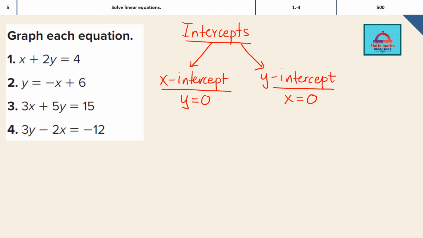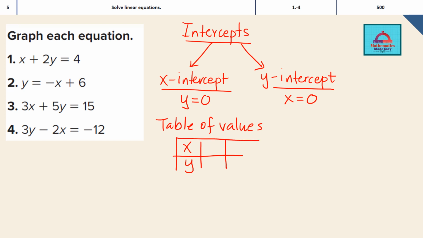So what we are going to do for the graph question, for each of these 1 to 4 questions, is for each equation we will make the table of values. In the table of values, I'm going to consider 2 points which are the intercepts. One time I'm going to put x equal to 0 and get the y-intercept. Another time I'm going to put y equal to 0 and get the x-intercept.